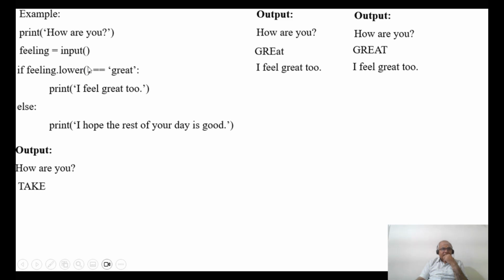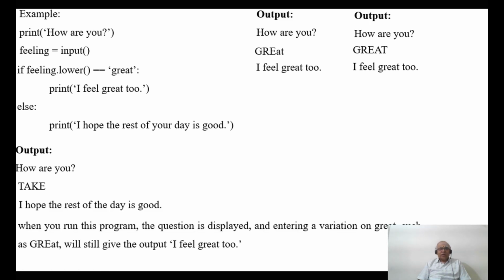Now you are converting that into small letters. Feeling dot lower will be equal to small take. Is small take equal to small great? No, because these ASCII values and those ASCII values are different. So, since this condition becomes false, it won't execute this, but instead prints I hope the rest of your day is good. So this is how it works.